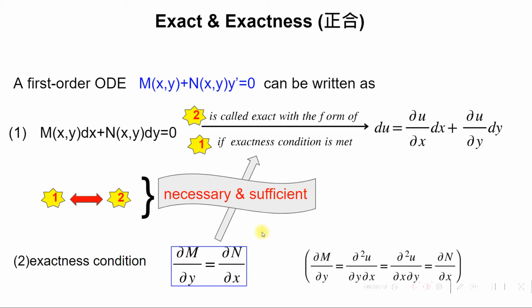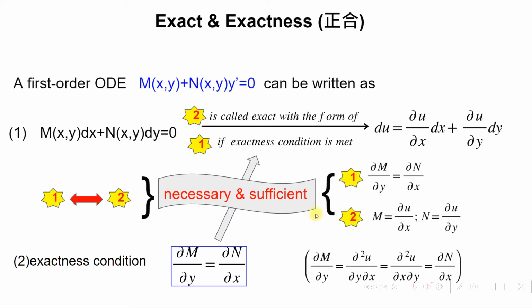Now we want to deduce this expression for the exactness condition. First, we want to know what statement 1 and statement 2 are in this case.